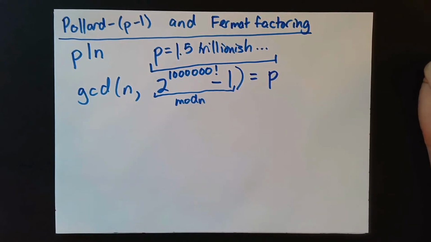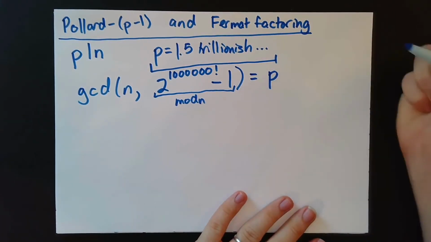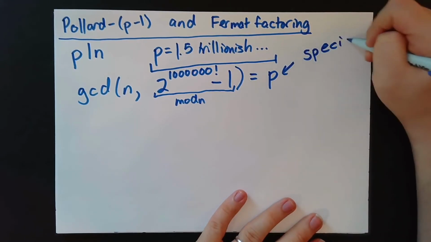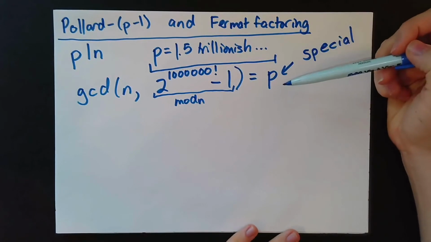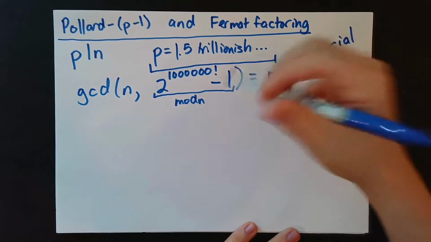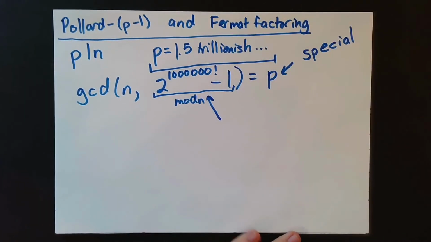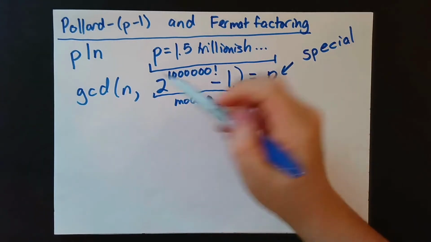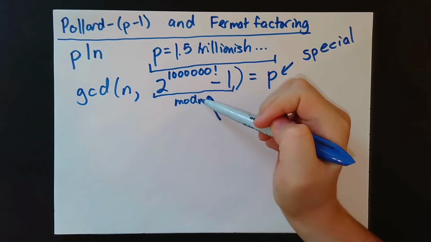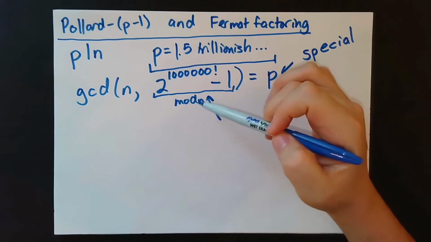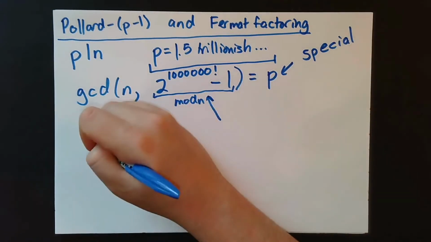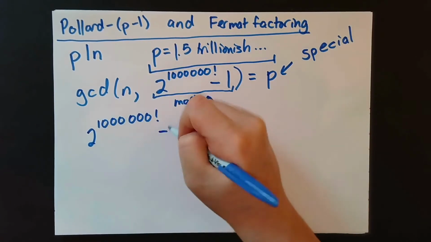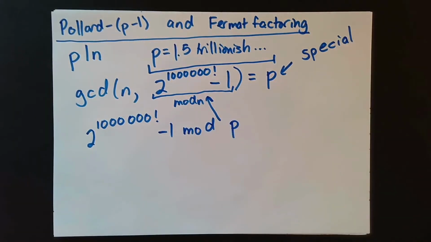That's what we found. So I want to understand why this GCD worked out to be p, and it's going to turn out it's something special about p. So to understand what's happening, I want to look at this number, mod p. Okay, remember, here I'm looking at something mod n, but p divides n, so I could just as easily look mod p instead. So what is 2 to this giant power minus 1 mod p?